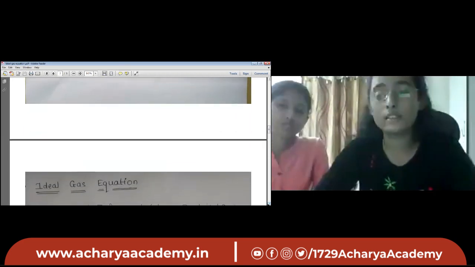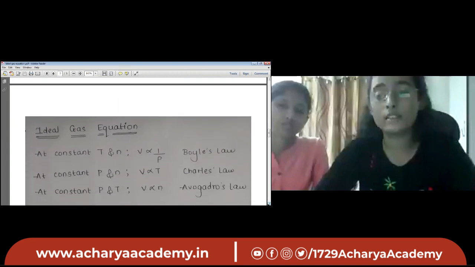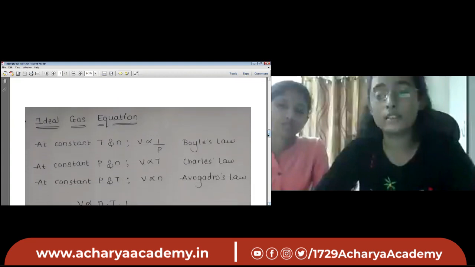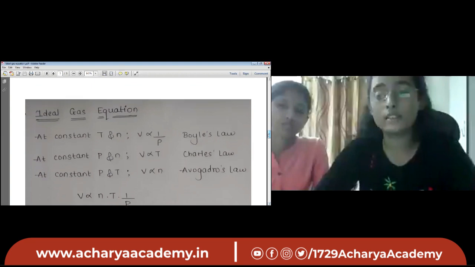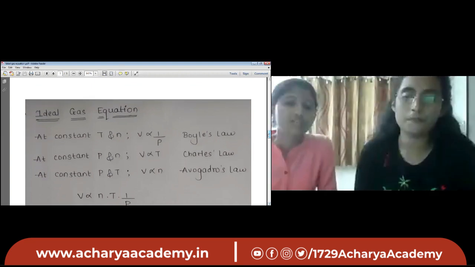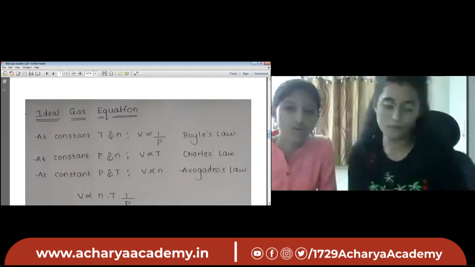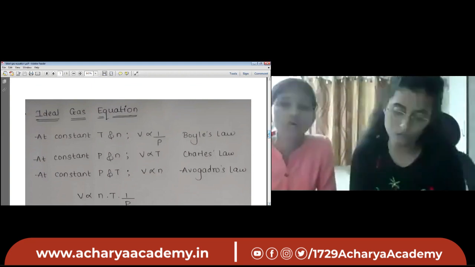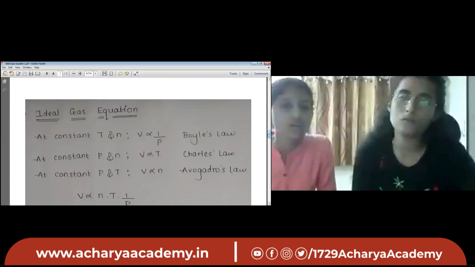Okay, so here we'll come to the main point, and now I hope you'll understand it better. My friend will continue. So, ideal gas equation. We've learned the three laws: Boyle's law, Charles' law, and Avogadro's law. According to Boyle's law, by keeping temperature and number of moles constant, volume is inversely proportional to pressure.